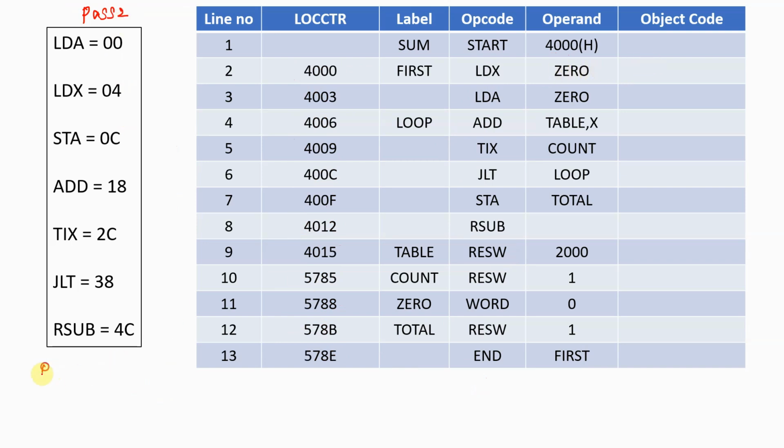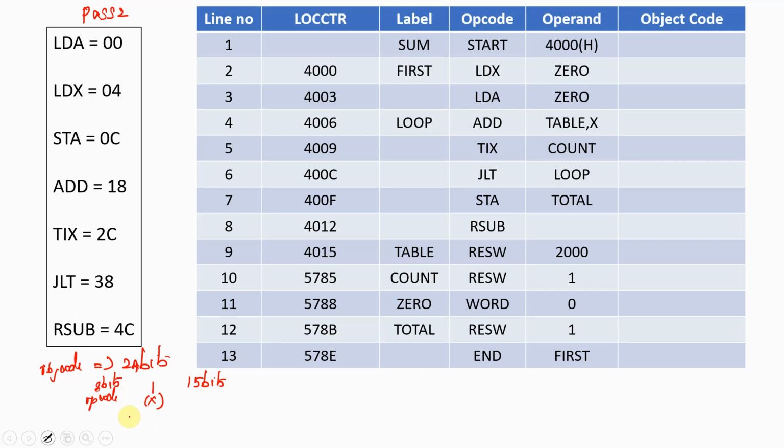Basically the object code will have 24 bits. In the 24 bits, the first 8 bits represent the opcode. The next 1 bit is used to represent whether it is indirect addressing or direct addressing. And then the remaining 15 bits are used for the address representation.